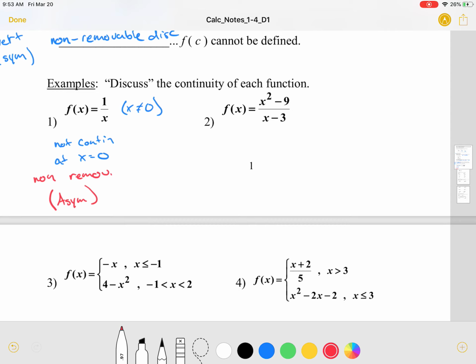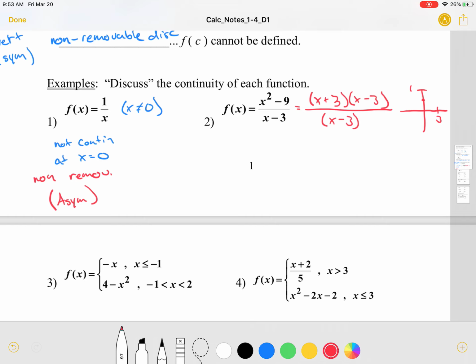Okay, now with number 2, from our previous lesson, we learned that we can expand this out. That's the same thing as x plus 3 over x minus 3 over x minus 3. We know that our graph, if you do graph it, is something like this going through 6.